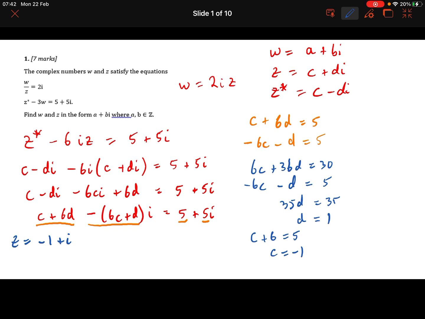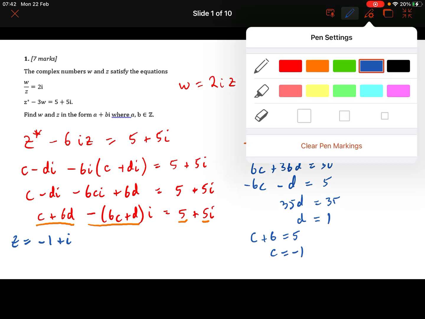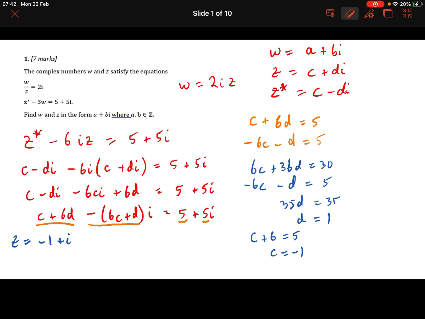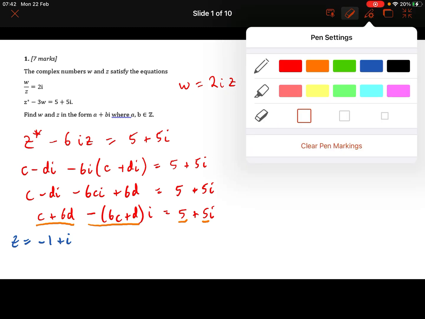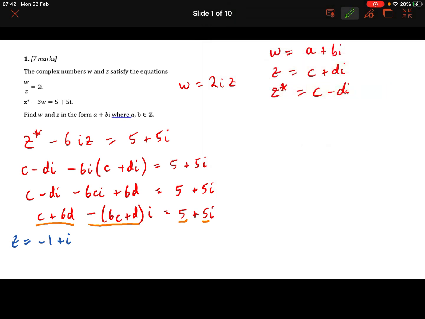Minus 1 plus i. And once we know Z, it should be easy to find W. Let's use green. W is going to be equal to 2i times what Z is, which is minus 1 plus i.